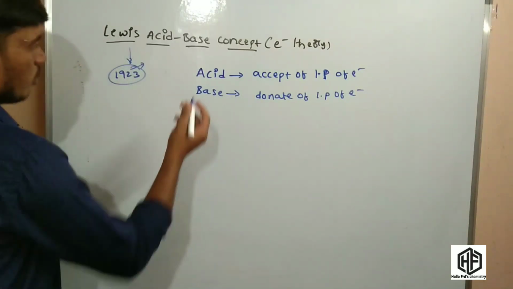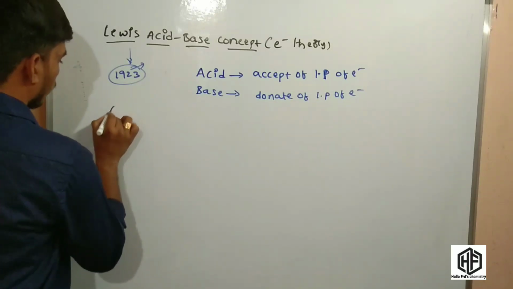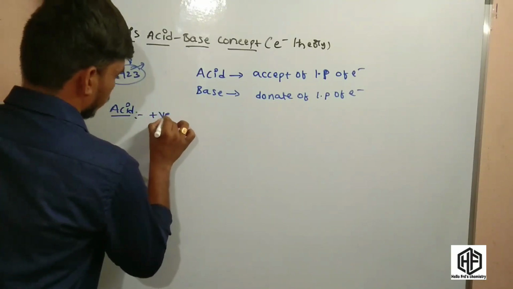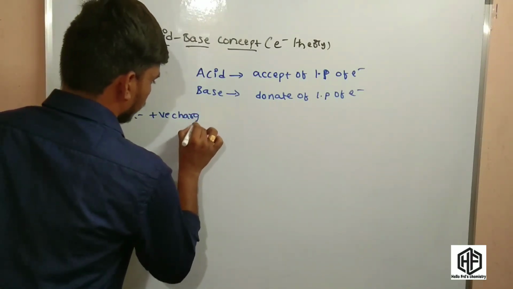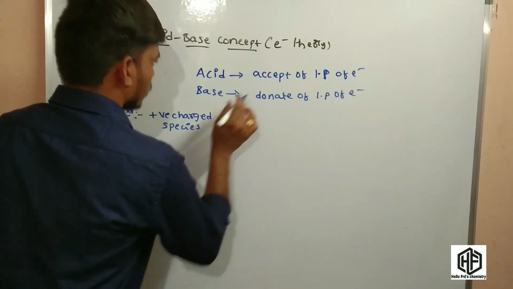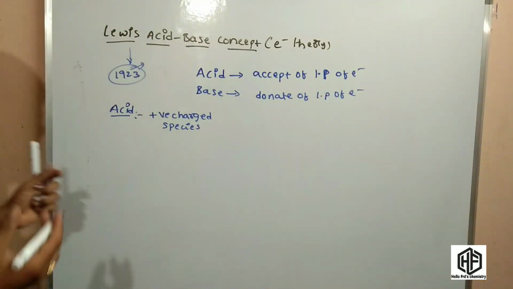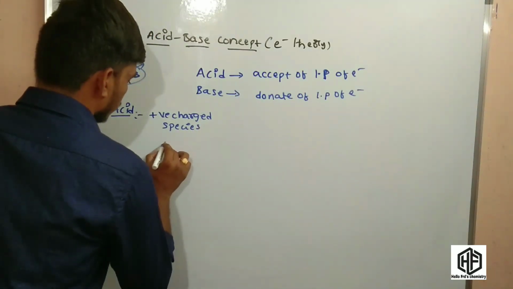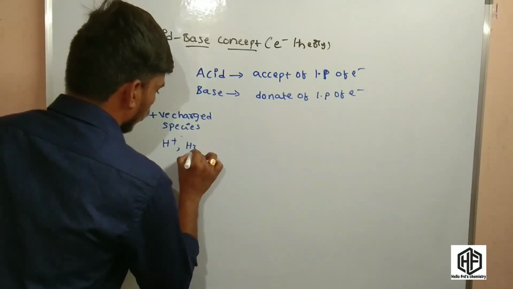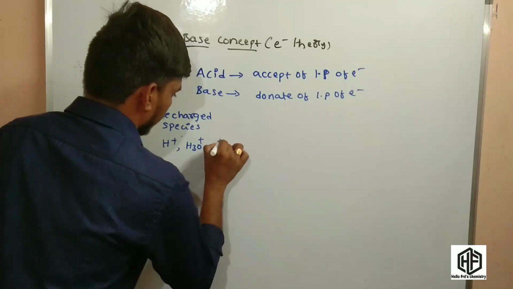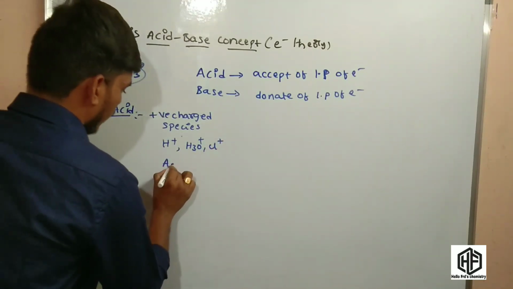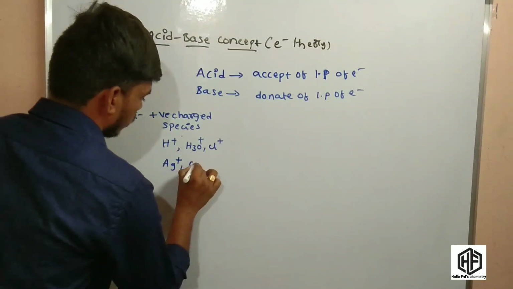Friends, what are examples of Lewis acids? Examples of Lewis acids are positively charged species: H+, H3O+, Cl+, Ag+ and Cu2+.